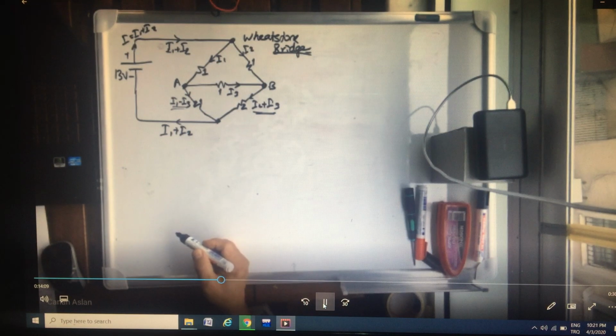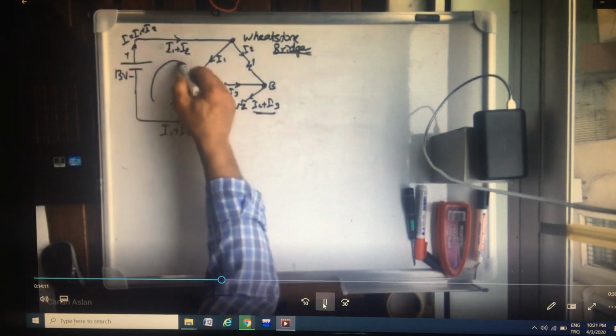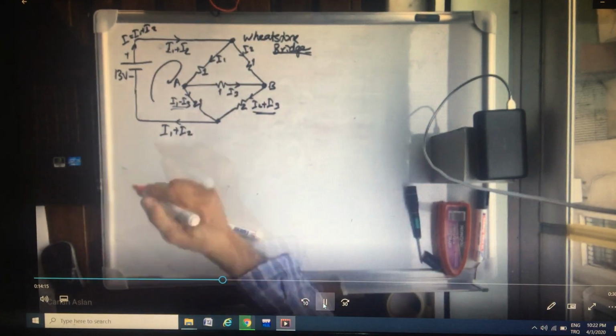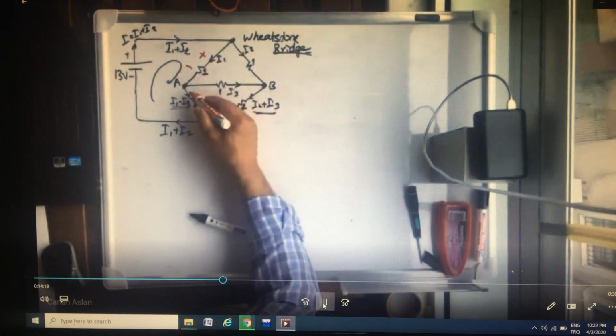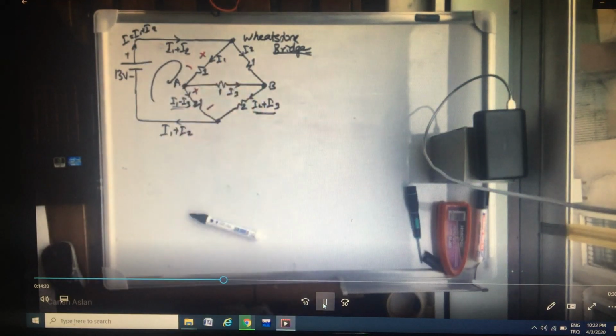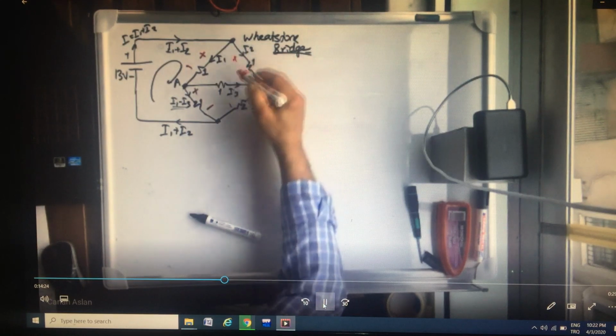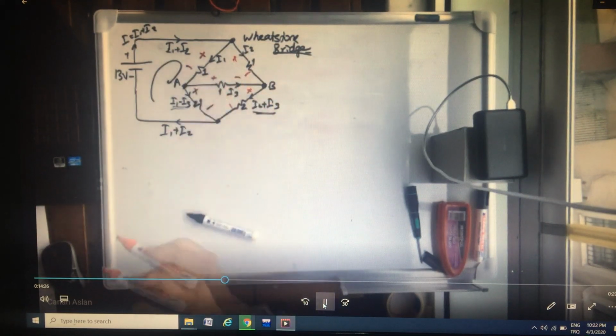Okay, so I would like to write the first loop equation here. If the current is passing through downward, it must be plus and minus, and this must be plus and minus. Don't forget, again, these are plus and minus voltages, and this will be plus and minus there.